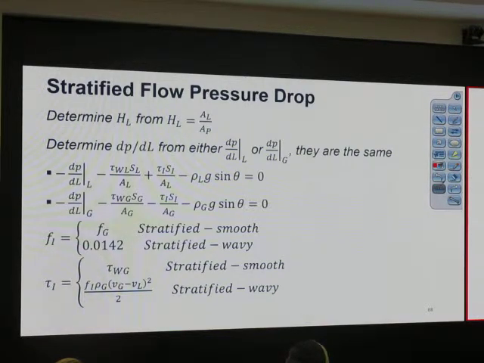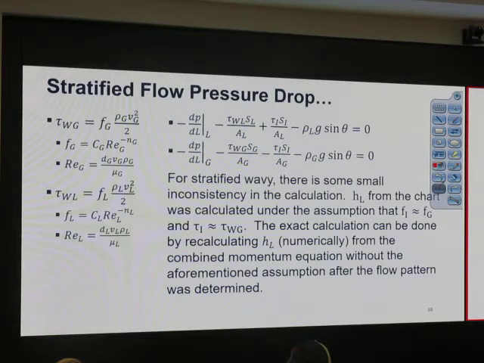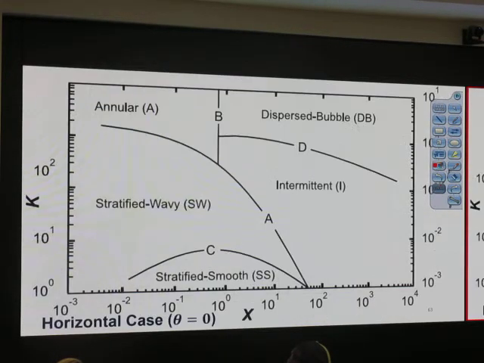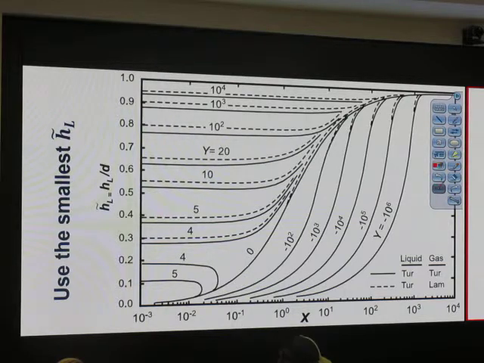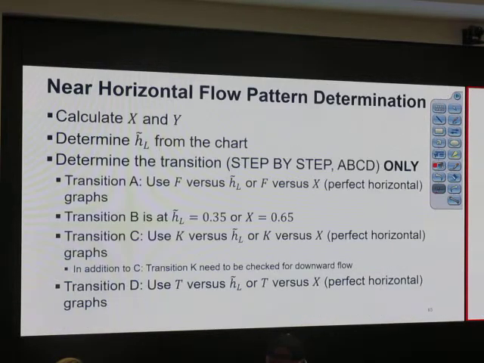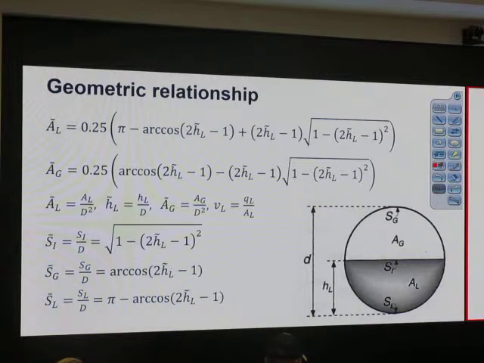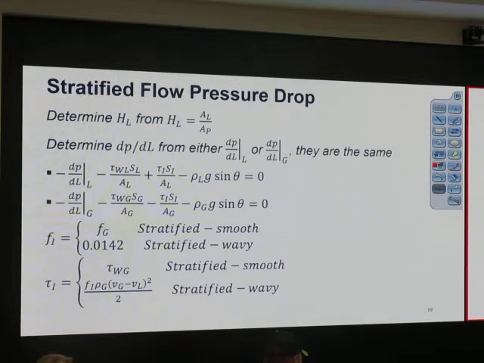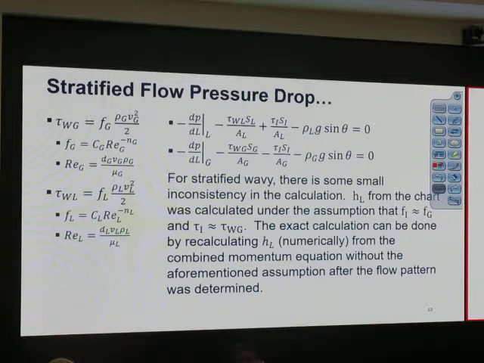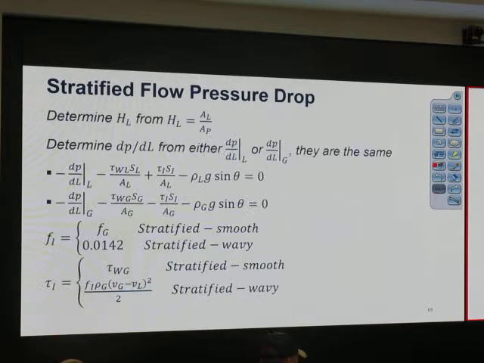To calculate pressure drop for stratified flow, they use the combined momentum equation. Once we know the liquid height, which comes from this chart, we can proceed. If the flow pattern is stratified flow, this chart gives the true height. If it is not stratified flow, this height doesn't mean much. If it is stratified flow, we have that height, we use the geometric relationships, and we calculate every area and other related parameters, then plug them back in.